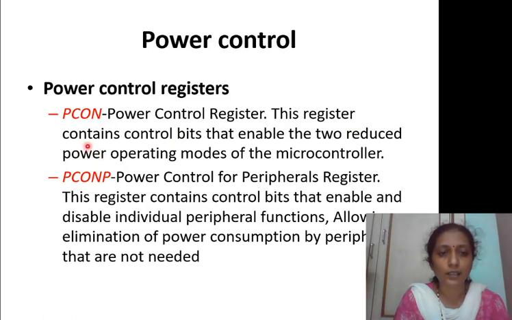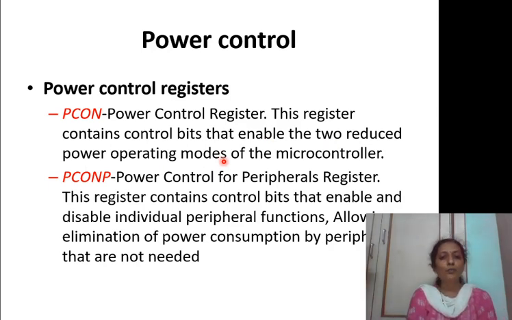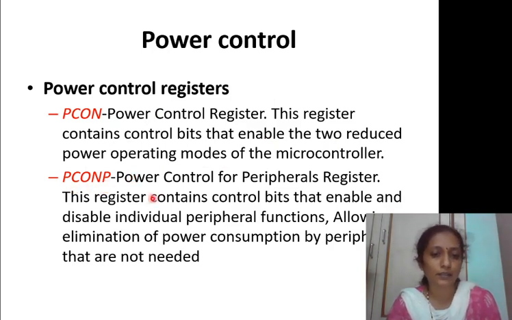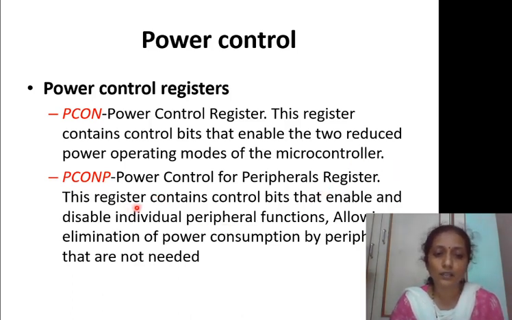This register contains control bits that enable the two reduced power operating modes. It means for idle mode and power down mode you have to use the PCON register. And the second register is PCONP. P stands for peripherals. So it's a power control for peripherals register. This register contains control bits that enable or disable individual peripheral functions.